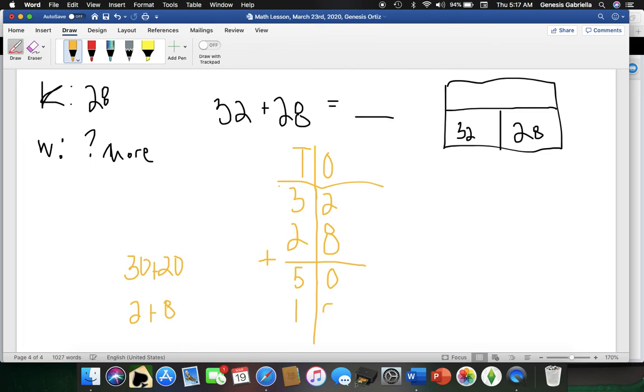I'm going to put that in my table. So this was for this one, and this was for this one. Now I just add up my sums. 0 plus 0 is 0, and 5 plus 1 is 6. So we found out how many Winter has. She actually had 60. So I'm going to fill in my equation and my solution sentence. And that's the answer.